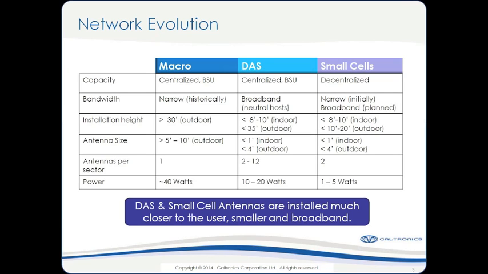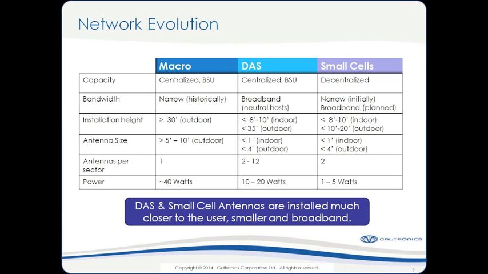So the antenna is much closer to the user, and the acceptable size of the antenna from a visual impact standpoint is on the order of less than a foot for indoor or less than 4 feet for outdoor, and the 4-foot restriction is coming from the desire to locate these antennas inside of the comm zone, which is actually below the telephone wires. When we look at small cells, they have similar requirements on mounting the antennas very close to the user. Again, 8 to 10 feet for indoor applications and 10 to 20 feet for outdoor applications.